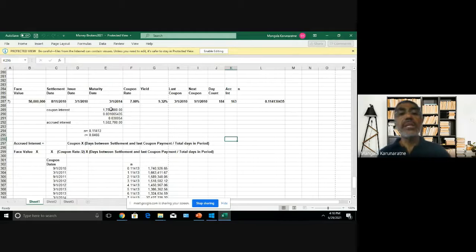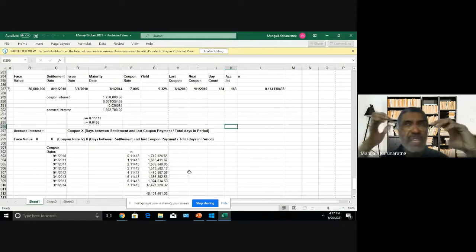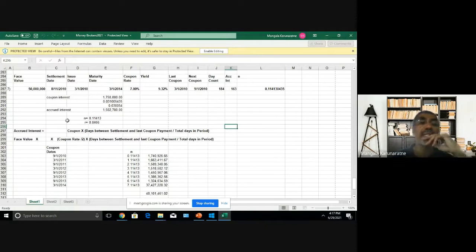So we need to get the present value of all these cash flows. Present value on which date? Present value on this date.